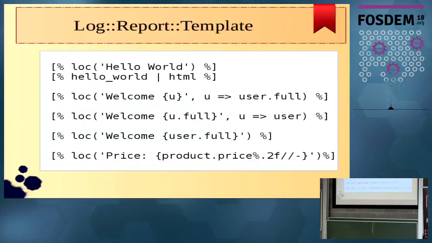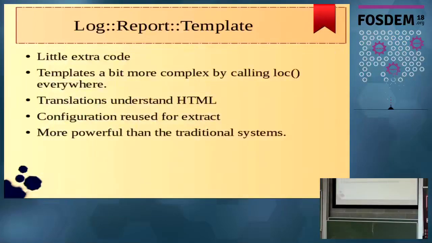There are many ways Template Toolkit supports this. This could be a price, could even be a code reference within the product hash, and it will automatically be called. That's how Template Toolkit works. It also works with this translation. So little extra code, and you get this call to log.